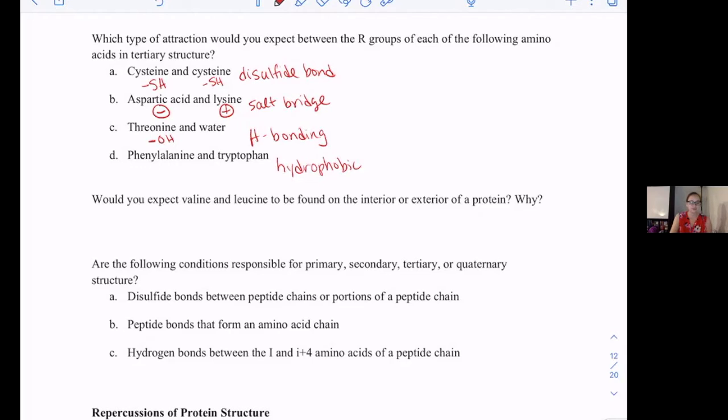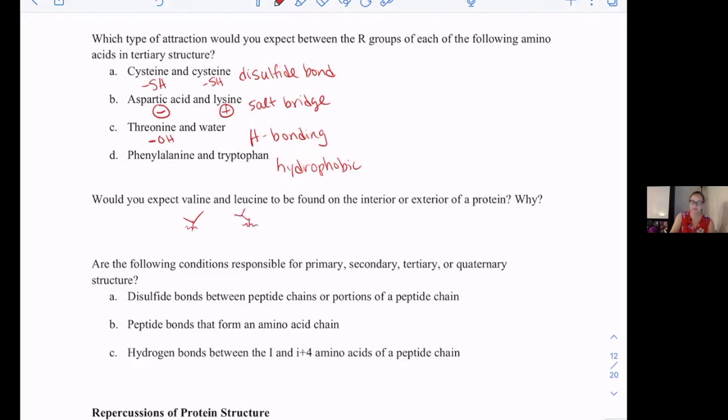Why? So first thing we need to do is identify what these particular amino acids are. Valine is the one that looks like a V. Leucine, oh, that's isoleucine.